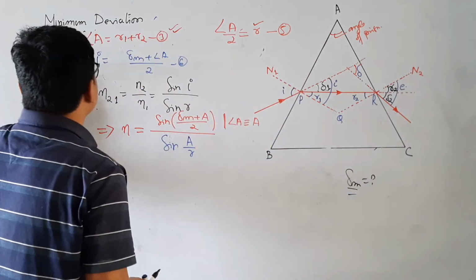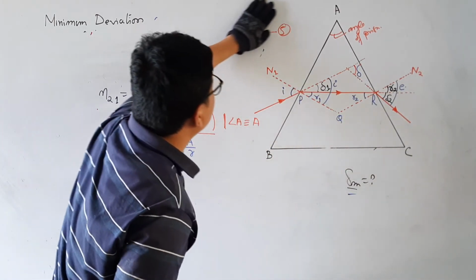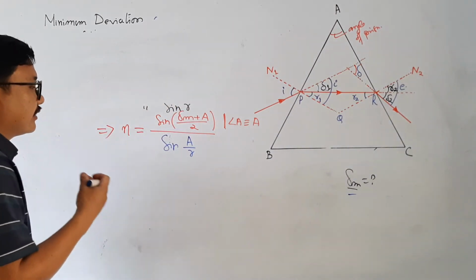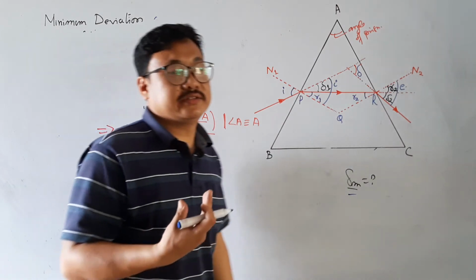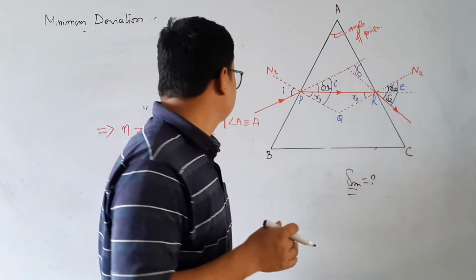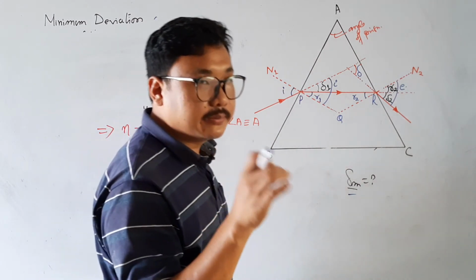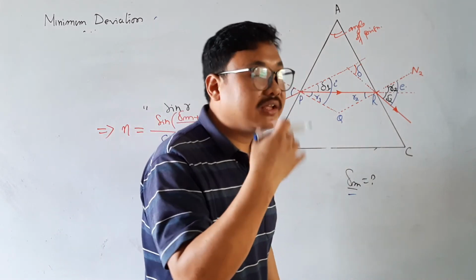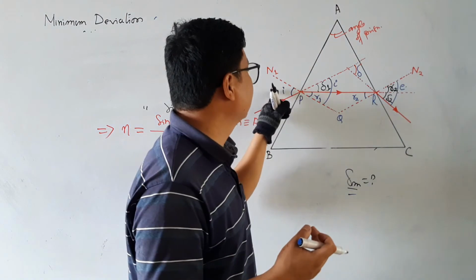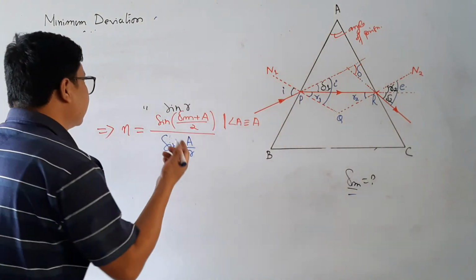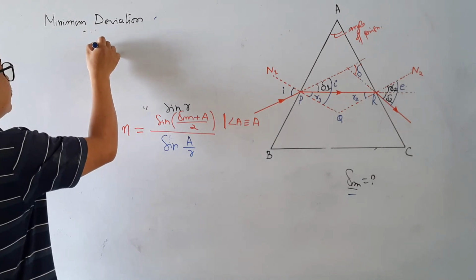So how to find delta M, the minimum deviation? For the minimum deviation, the angles are very small. This angle, this angle, this angle are very small angles. Now for a small angle, what can we write?